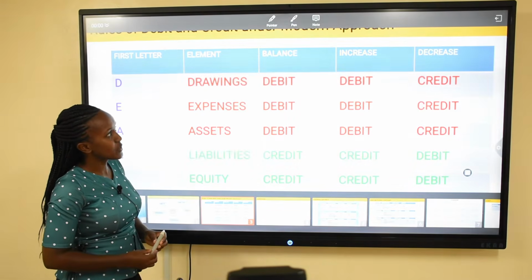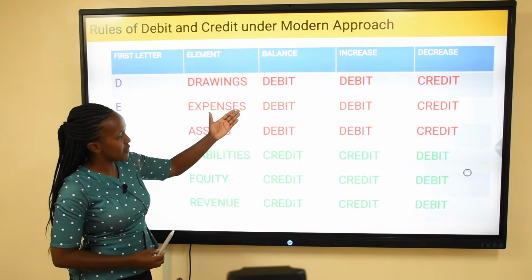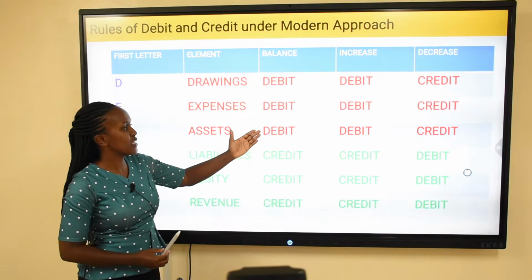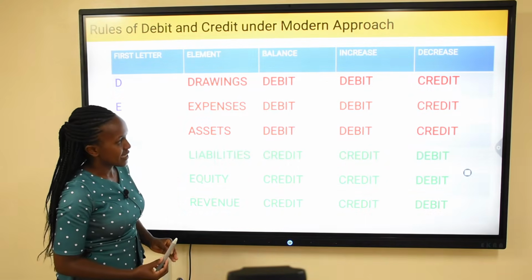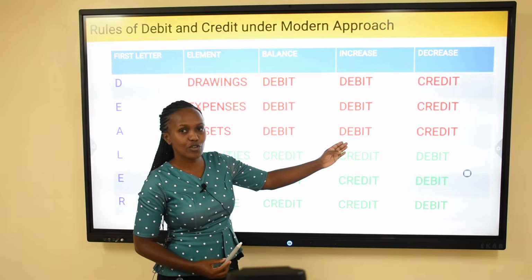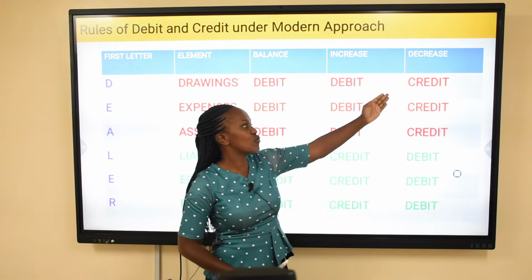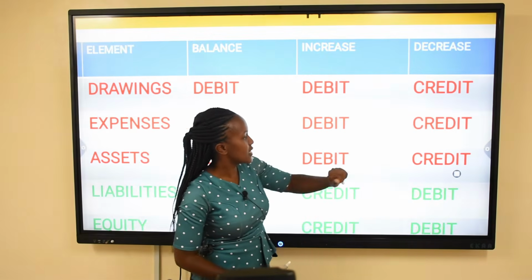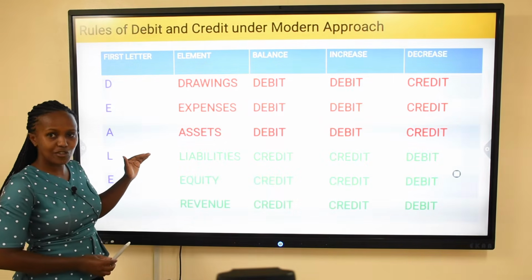So for these accounts, you debit the balances, or they have a debit balance at the beginning of the period. And anytime they increase, you also debit. But anytime they decrease, you credit. So that is the first three.